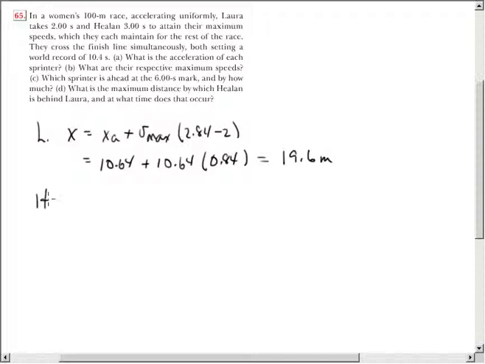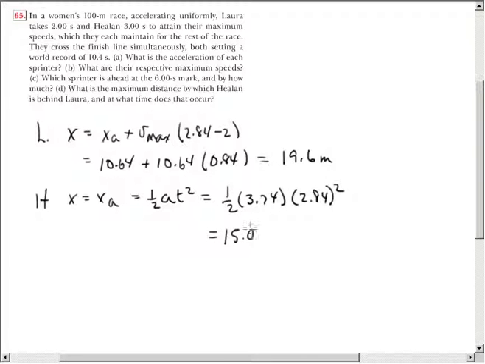For Helene, we have x equal to the position gained during the acceleration phase, and it's only during the acceleration phase, so it will be equal to 1/2 a t squared, which will therefore be equal to 1/2 times 3.74 times 2.84 squared, and that will be equal to 15.08 meters.